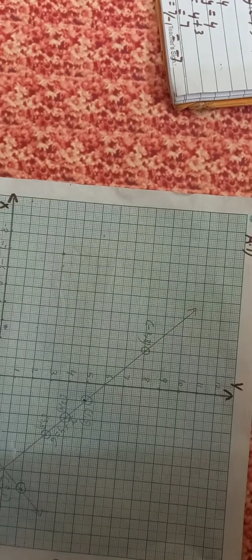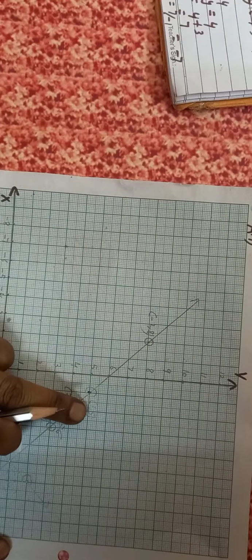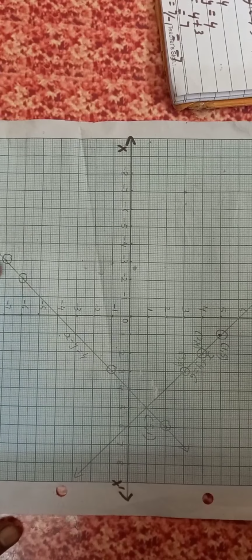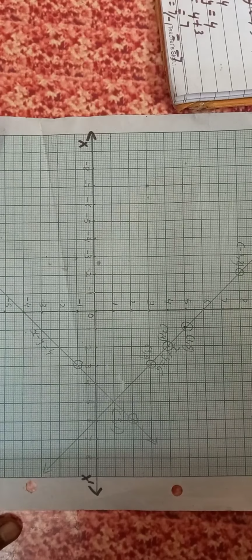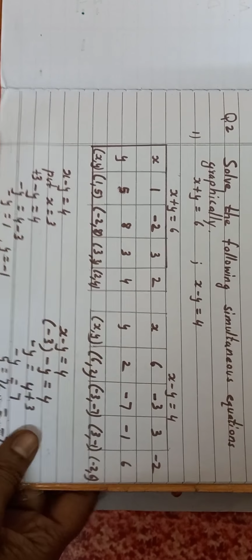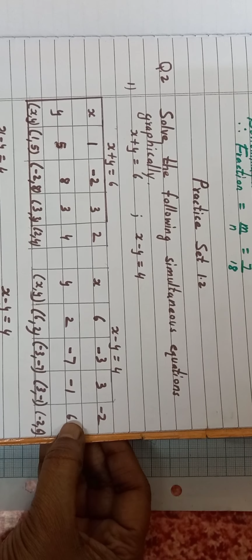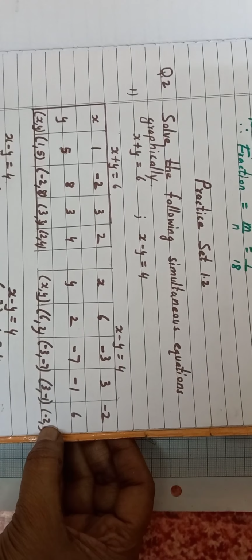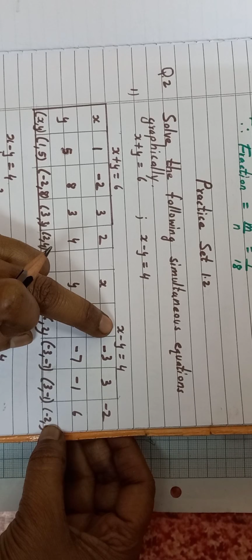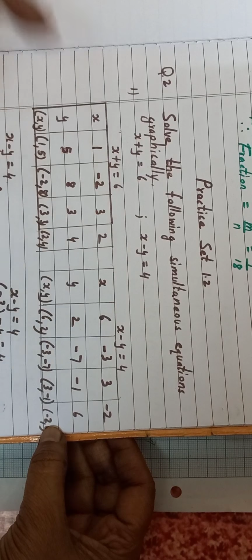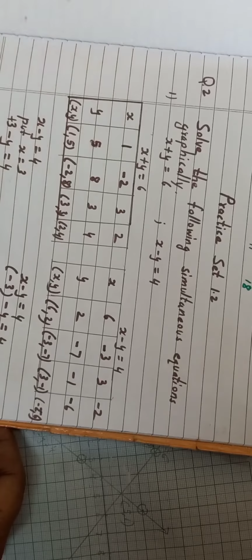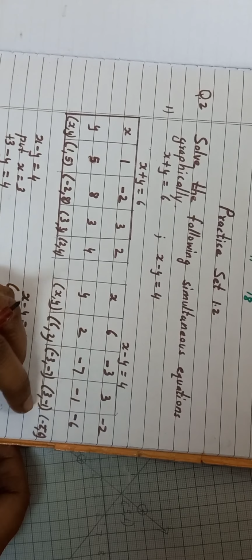Okay, 4 points you show, and also show the coordinates here that we had not done earlier. Then the same way here also, for x minus y is equal to 4, all these coordinates we have to mention here on the graph paper. And here one more I have taken, minus 2 comma minus 6.